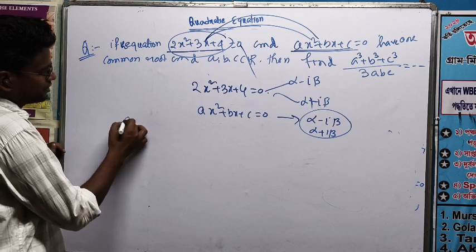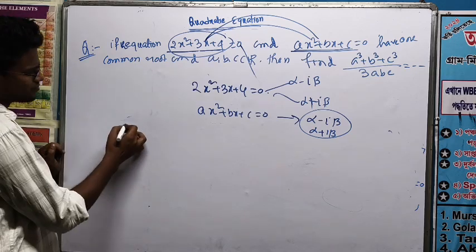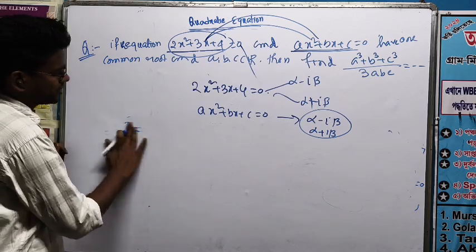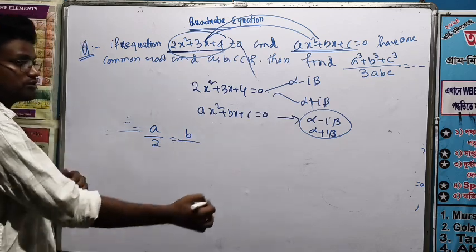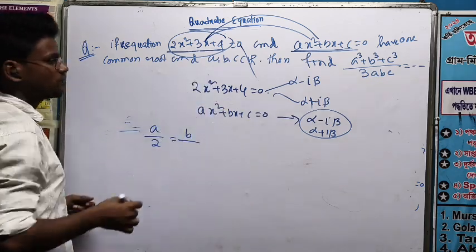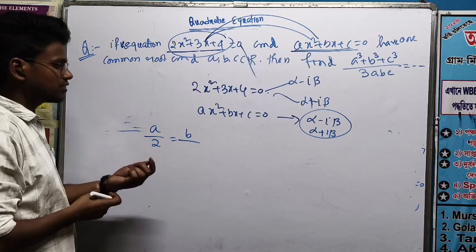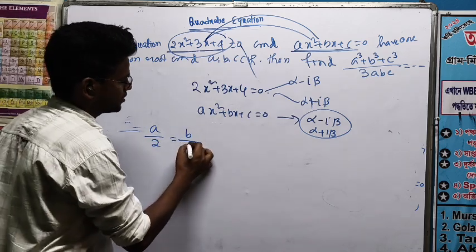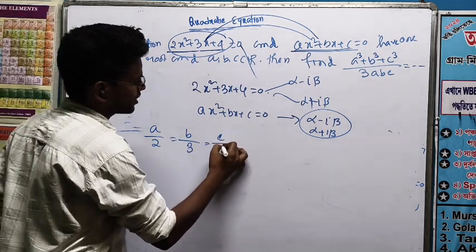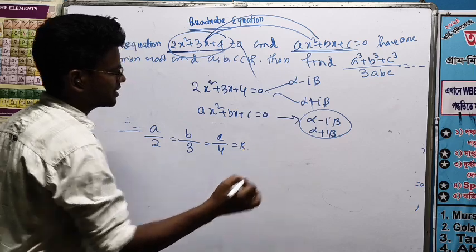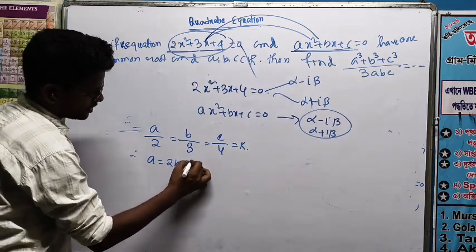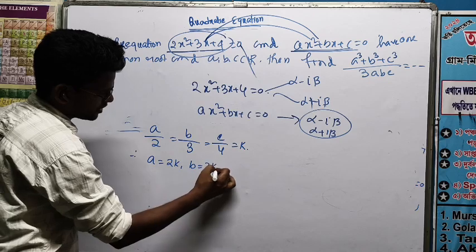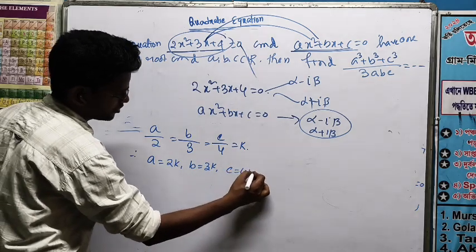So what is the condition? Since both roots are common, the ratio of all the coefficients is equal: a by 2, b by 3, and c by 4 are equal, and let's say this is k. So a is equal to 2k, b is equal to 3k, and c is equal to 4k.